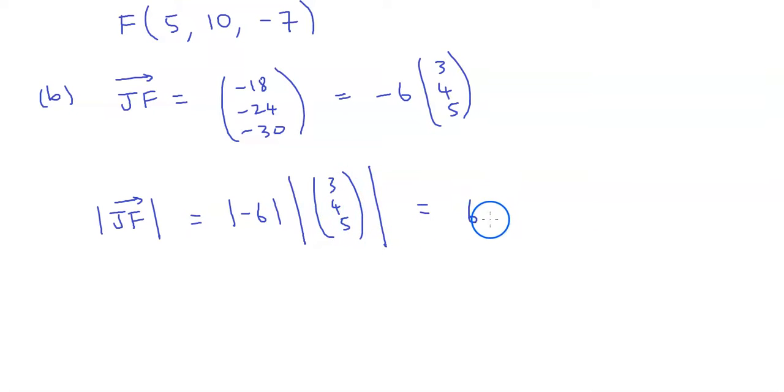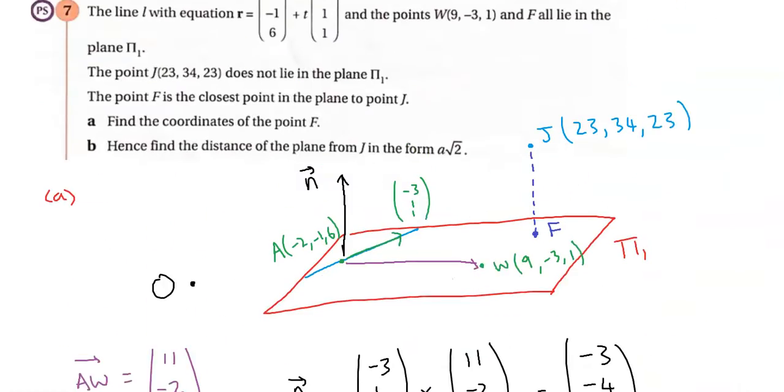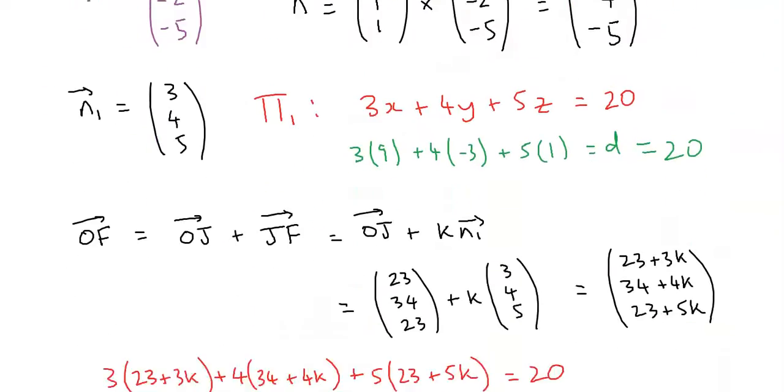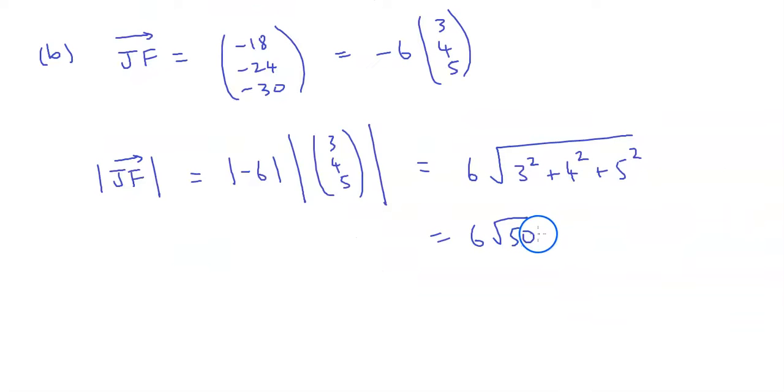So that would be equal to positive 6 times the square root of 3 squared plus 4 squared plus 5 squared. And 3 squared plus 4 squared is 25. So that would be 6 times the square root of 50. And I believe it was supposed to be in the form a times square root of 2. And 50 is 25 times 2. So this is 6 times 5 times square root of 2. So that would be 30 square root of 2. And that's all for this question.